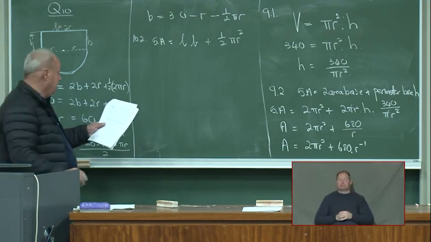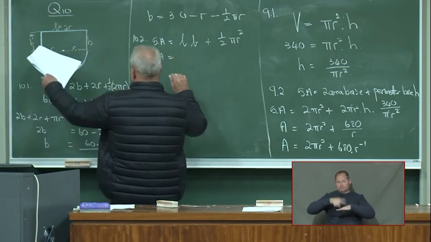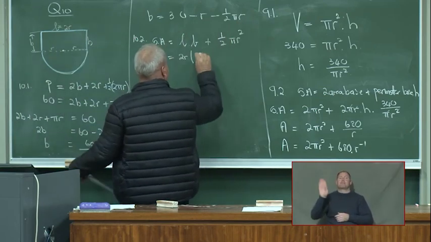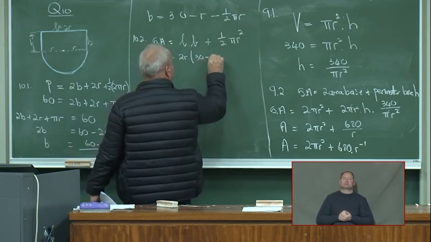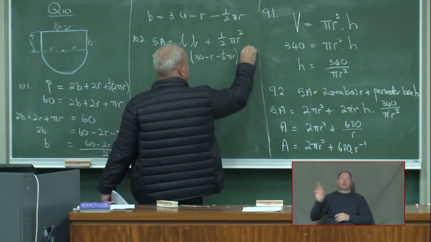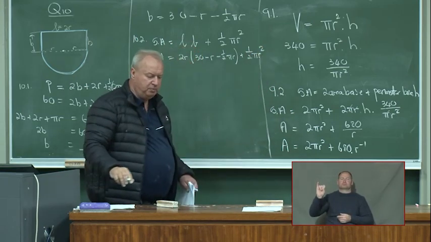So we can say the surface area, the length here is 2r. The breadth is 30 minus r minus a half pi r, correct? Plus a half pi radius squared. Are you with me?